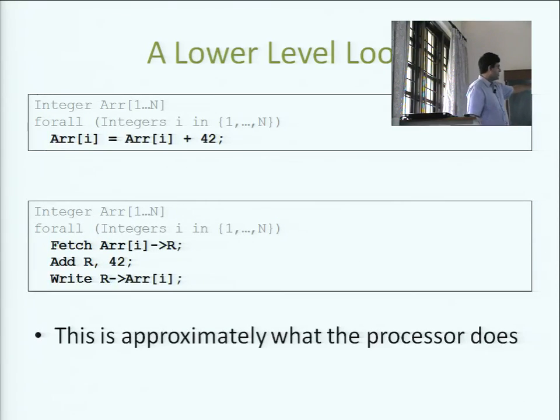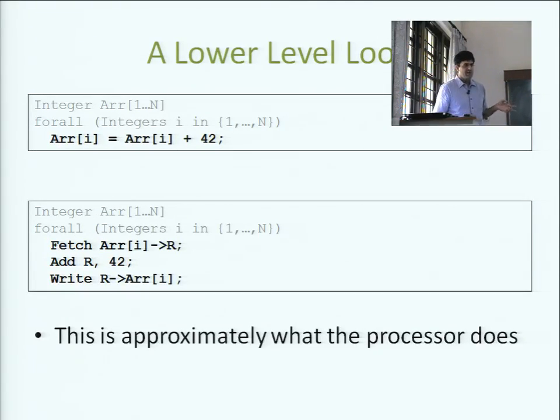And that machine code would look approximately like this, right? I've just kept the loop for simplicity, but inside the loop, what would you do? You would look at the address of the ith element of the array, and you would read it into some machine register. You would add 42 to the value of that register, and then you would write the register back into memory, right? So this is approximately what your CPU would do.